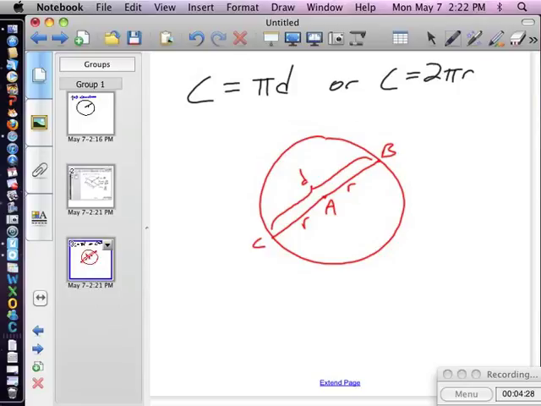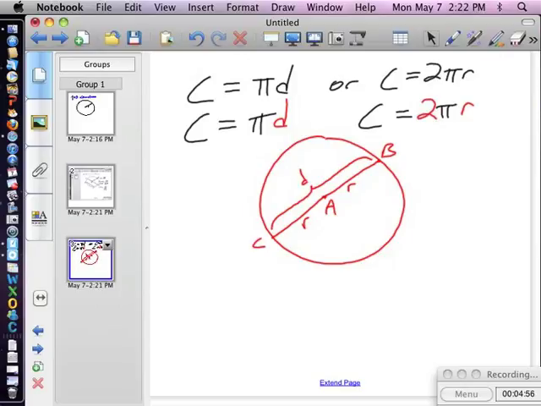And so we have two radii equals one diameter. So this D here, I'll put it in red, D is the same thing as this 2 and this R, right? So the D is just worth 2 R's, and so we can write it either way.